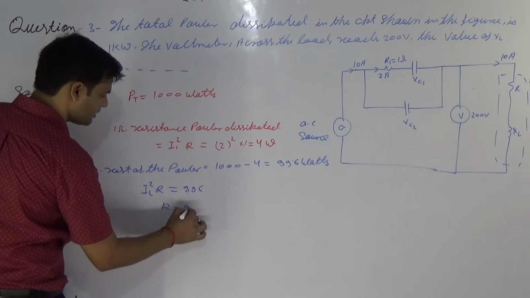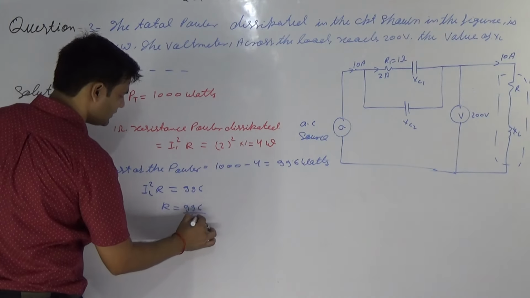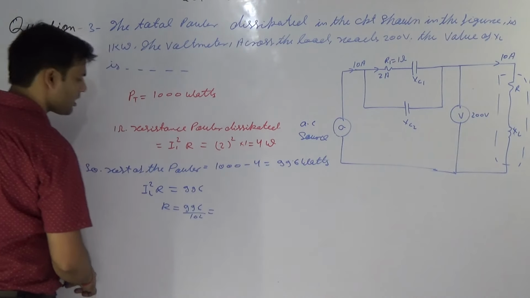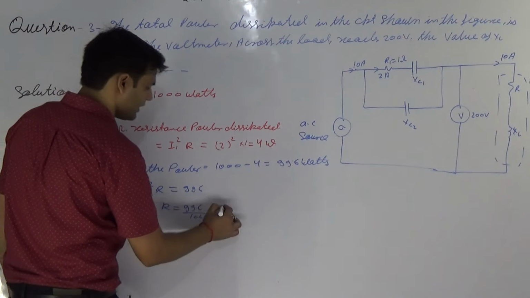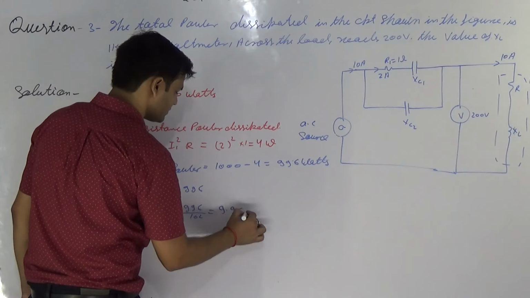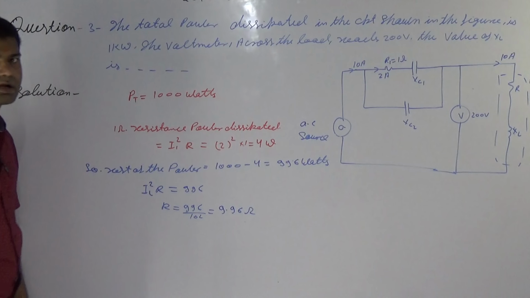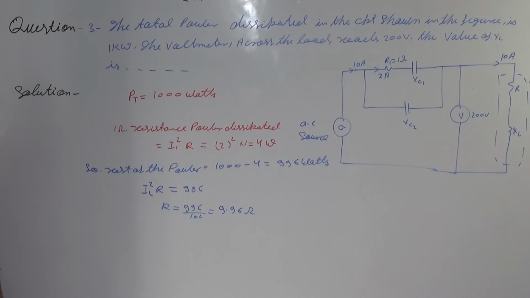R will equal 996 divided by 10 square, which is 9.96 ohm.